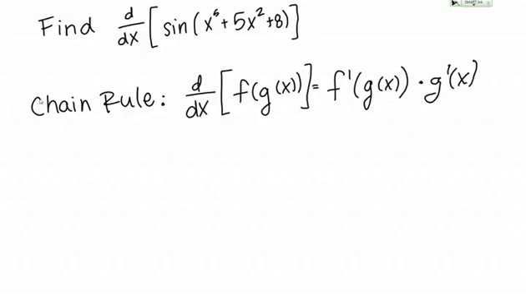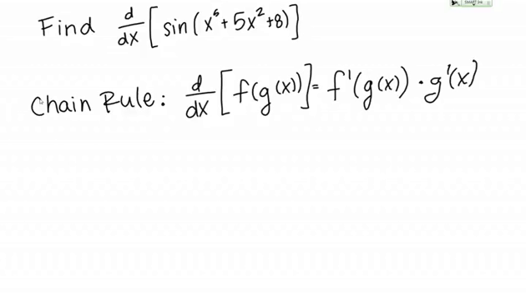In words, the derivative of the composition equals the derivative of the outside function evaluated at the inside function times the derivative of the inside function.